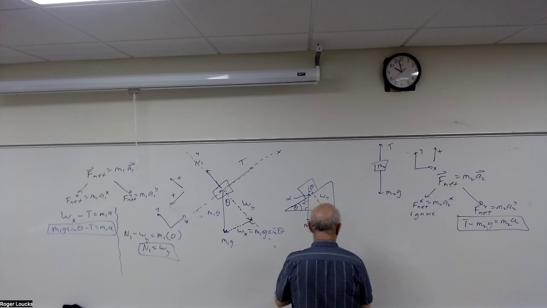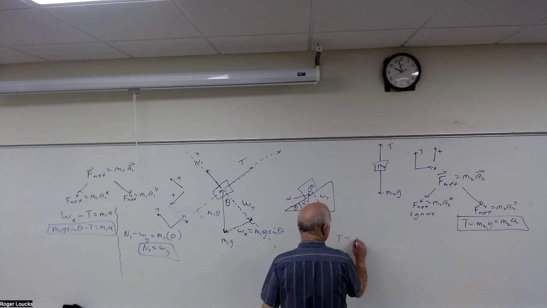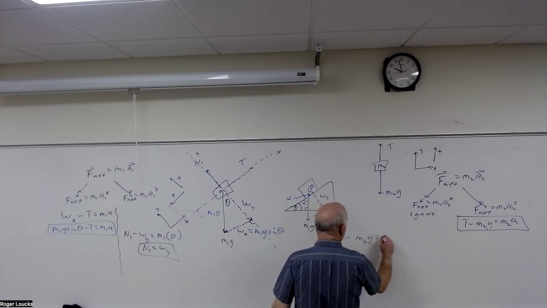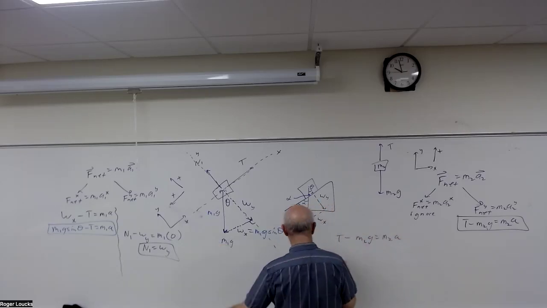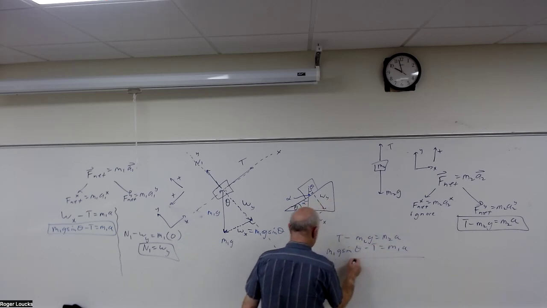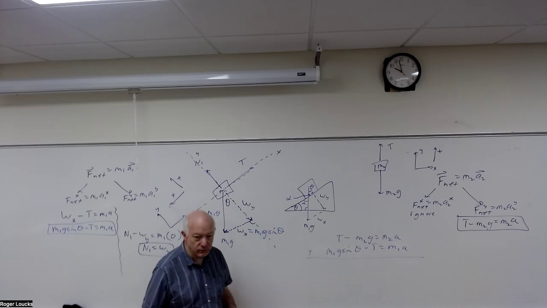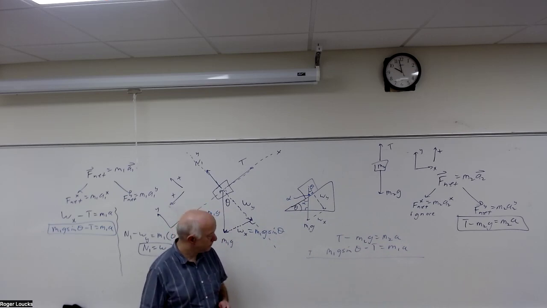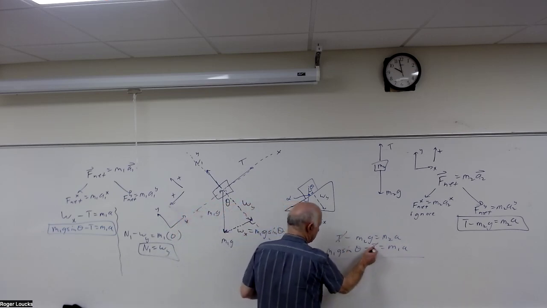So I'll start with this guy over here. I have T minus M2G equals M2A. And then my buddy over here, M1G sine of theta minus T equals M1A. I'm going to add these. What wonderful thing happens when I add them? T cancels. That T cancels the minus T there. And what do I get?